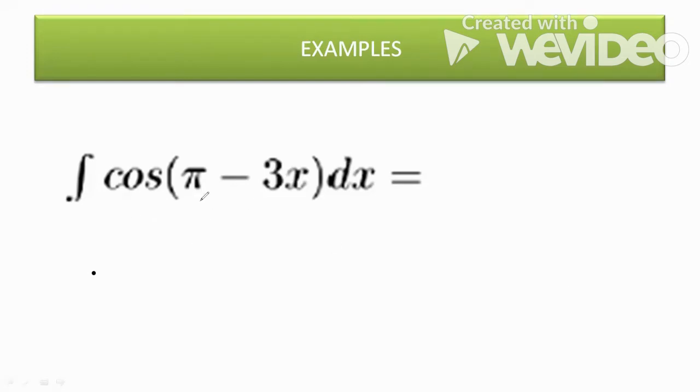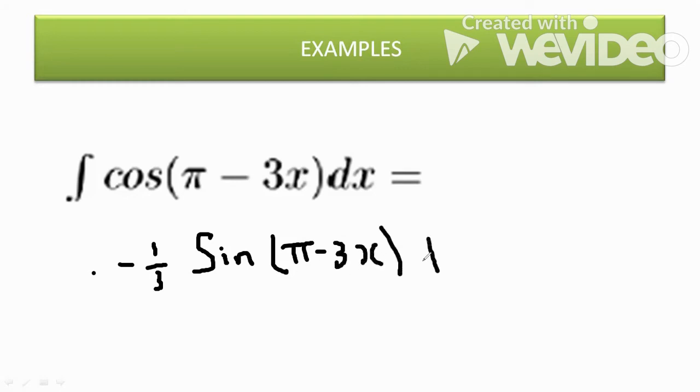So as I said before, we differentiate this expression here, we get negative 3, but we're going to reciprocate that, so it's going to be negative 1/3 sine, and you write back everything inside the bracket, pi minus 3x, plus c.